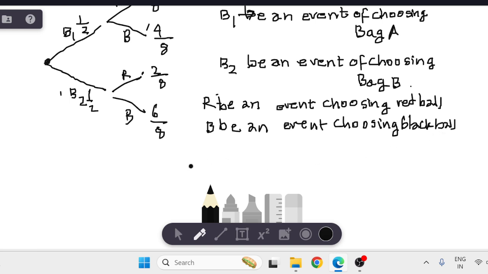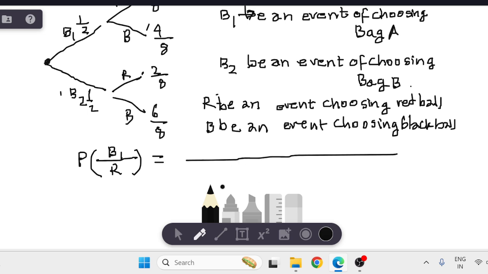What we have to write is, as I told, whatever the red color, we write it as given, and the probability has to be from bag 1. So directly you can write the formula. Probability of choosing bag 1 into the probability of R on the condition of bag 1, that is, choosing a red ball once we choose bag 1. I hope you got this.